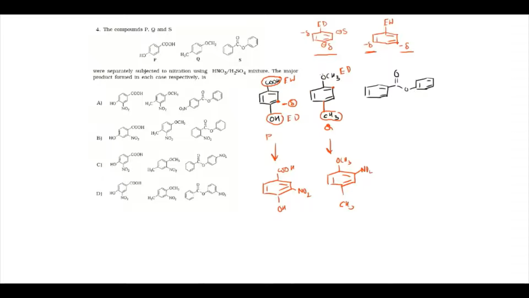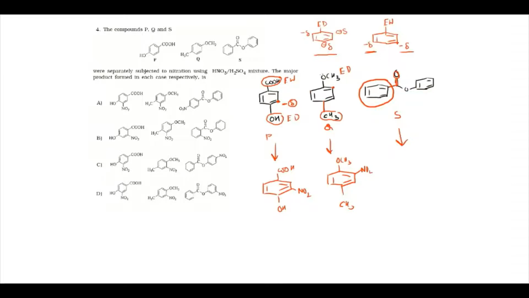In the third case, that is S, what will happen here? Look at this problem. We have a benzene ring here which is connected with an electron withdrawer, because there is a carbonyl carbon here which withdraws the electron.